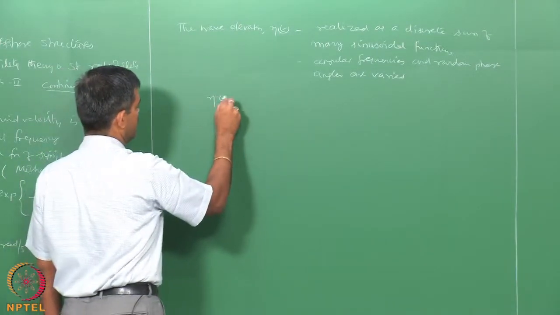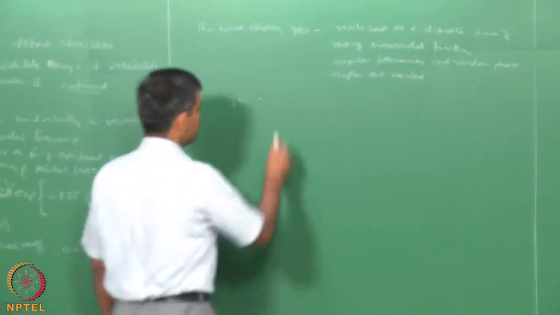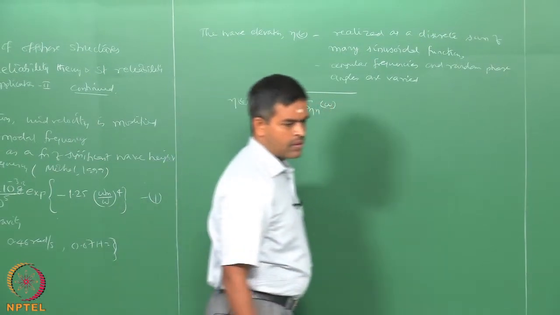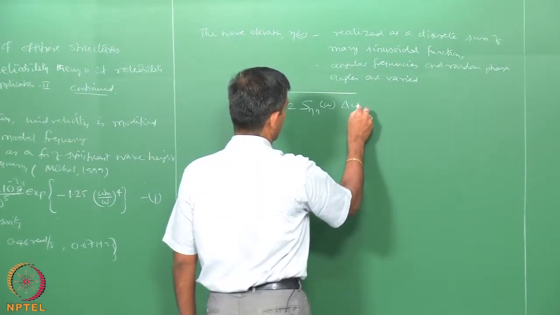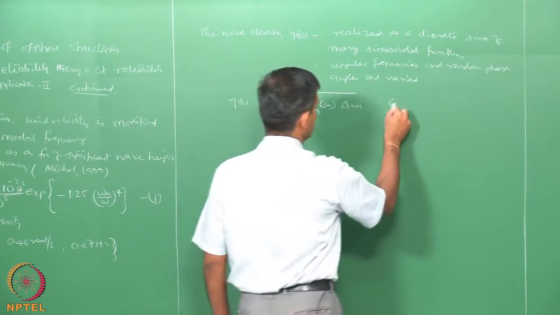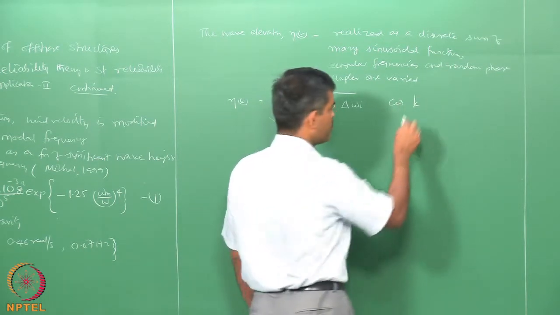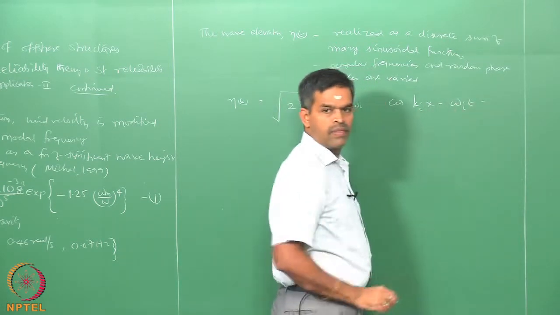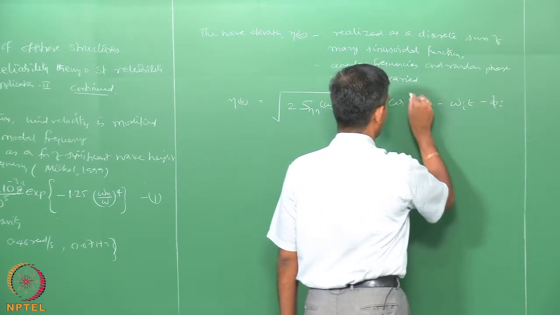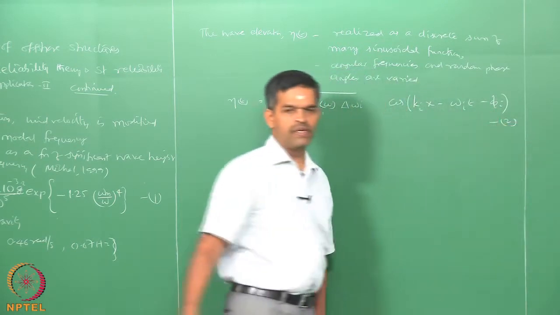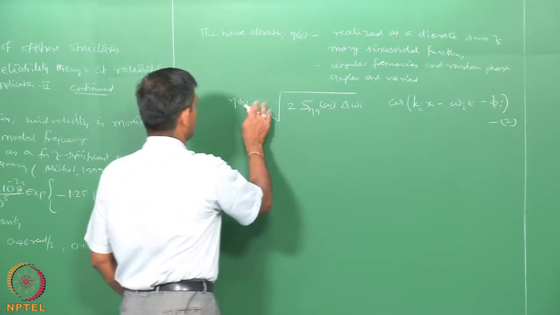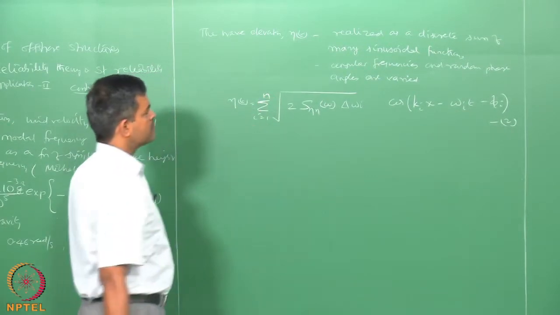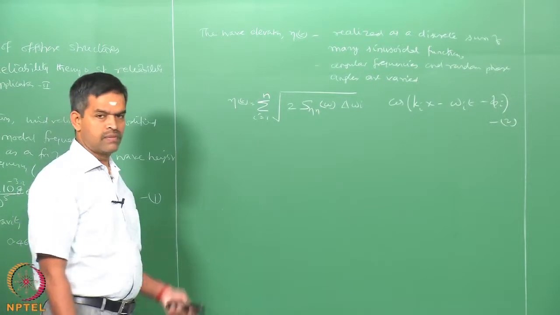So, eta t is given by, which we have seen in the last lecture as well. This is going to be a summation, a discrete sum of various sinusoidal functions.